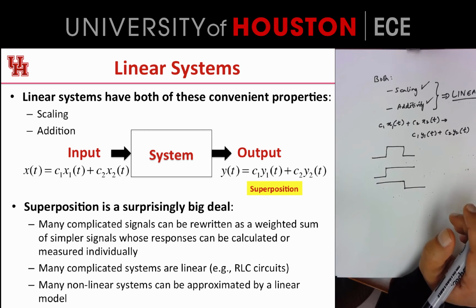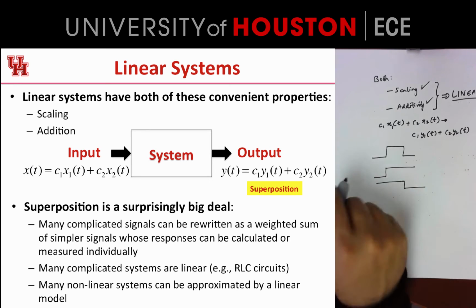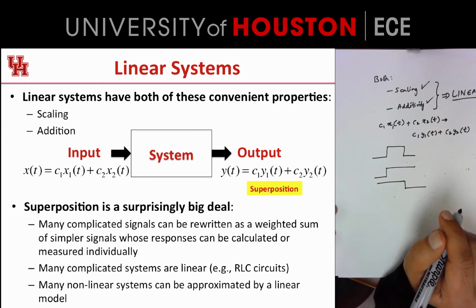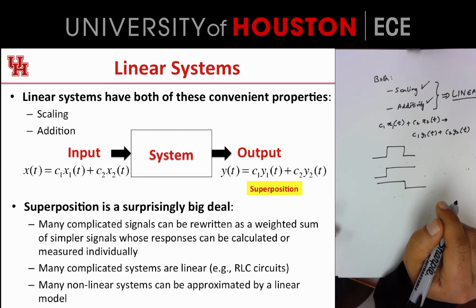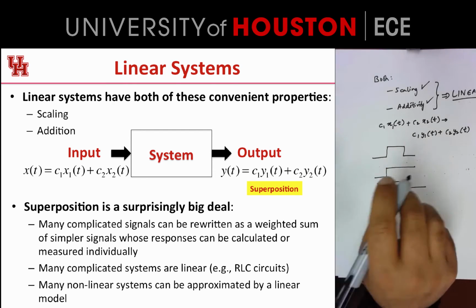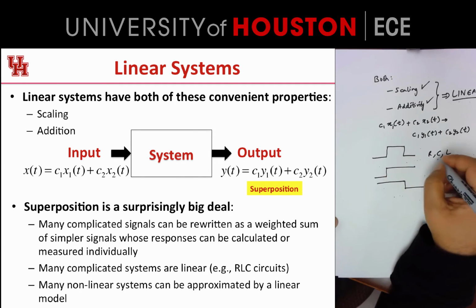Sometimes these things are not linear, in which case it's often advantageous to approximate them by a linear system and then analyze the linear system. Now, circuits containing resistors, capacitors and inductors, simple circuits like that, they're all linear.